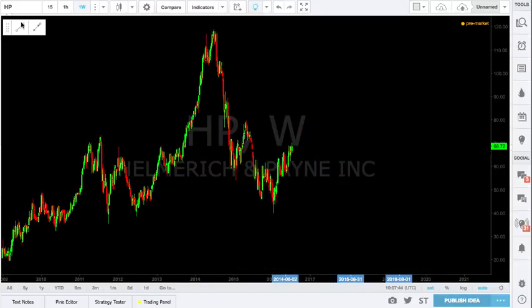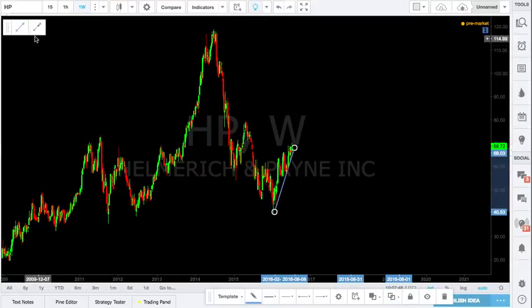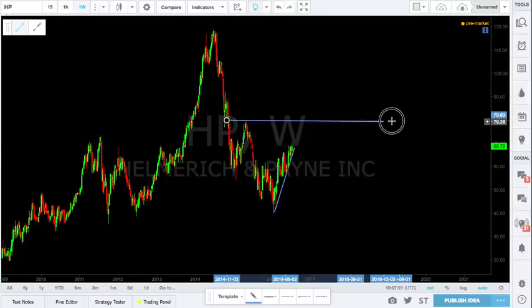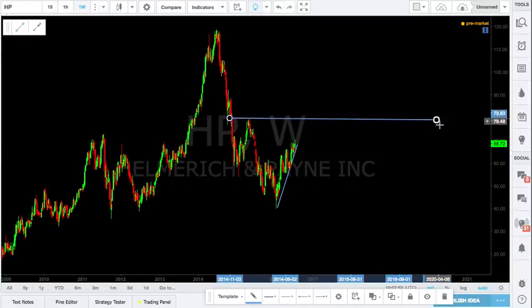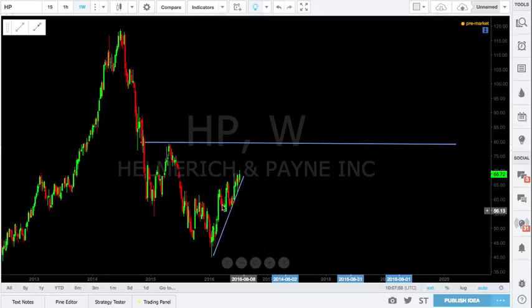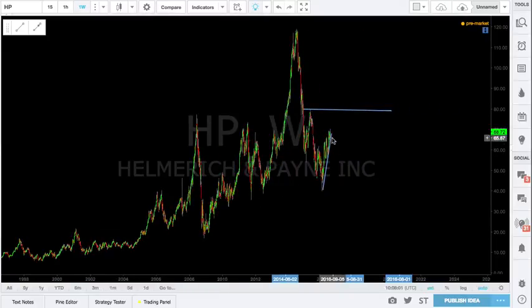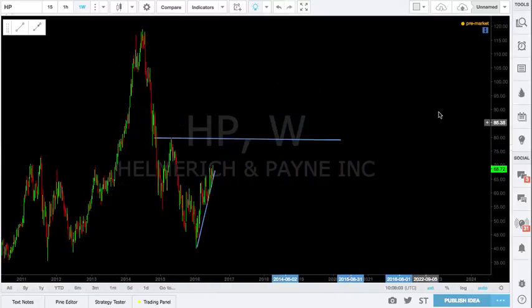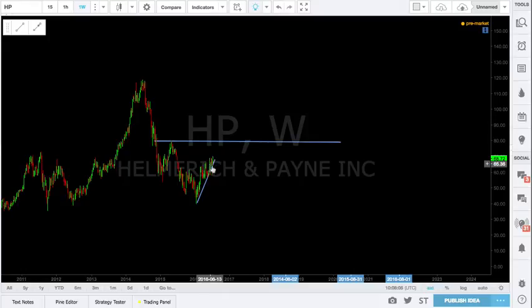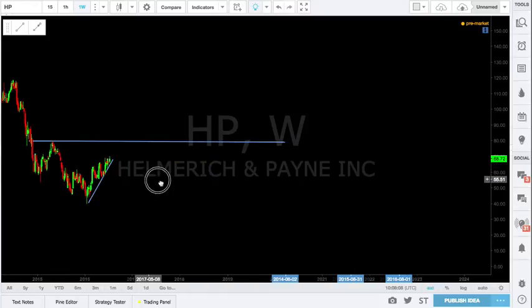It looks very corrective, and with that triangle, this line here is one possibility that it could reach. I would say that's a corrective, and that it's more likely to break down out of that lower trend line.